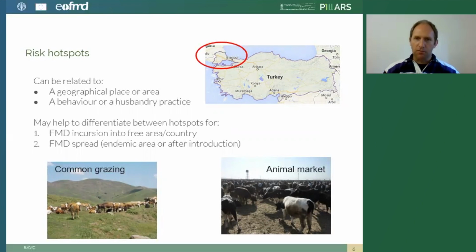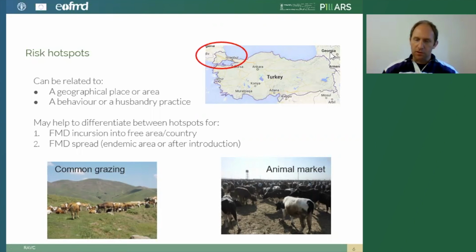So in the top right, we have a map of Turkey, and I'll just describe some of the sorts of things we are considering. Most of Turkey is endemic for foot and mouth disease, Anatolia, but it does have an FMD free with vaccination zone here.